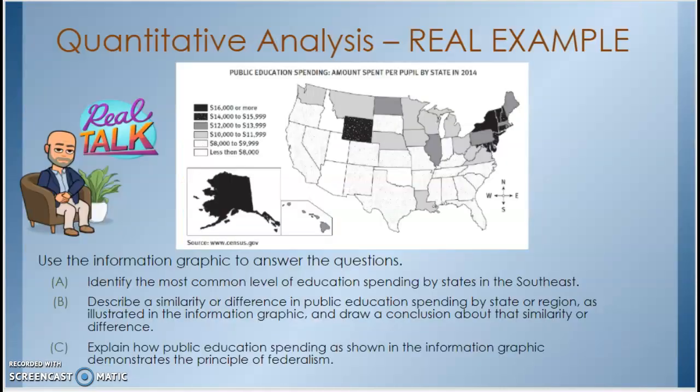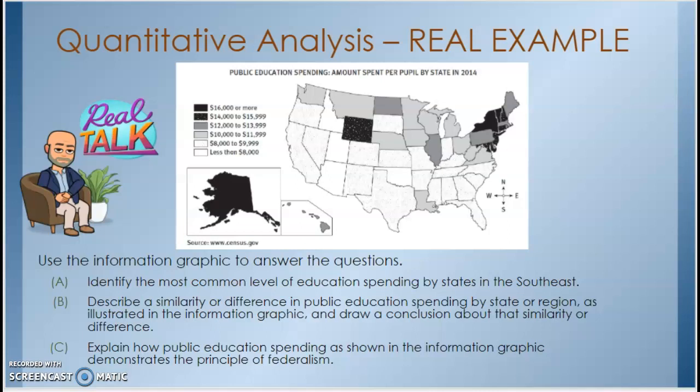Real example. So maybe you get a map like this. Title, Public Education Spending, amount spent per pupil by state in 2014. Part A, identify the most common level of education spending by states in the Southeast. B, describe a similarity or difference in public education spending by state or region, as illustrated by the information graphic, and draw a conclusion about that similarity or difference.